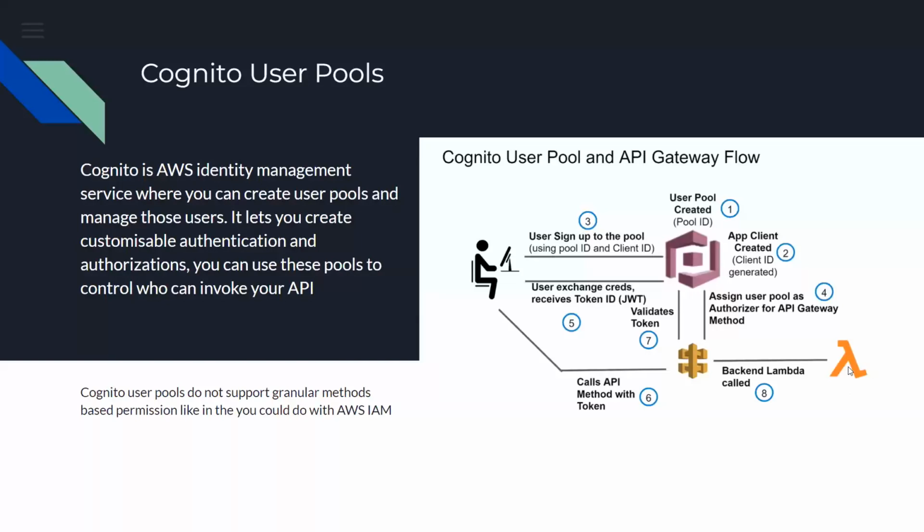I hope you get what I'm saying. If the token that you provided on the header of the API GET method does not comply with that present in the Cognito pool, it will reject you and prevent the user from getting access to the backend data.